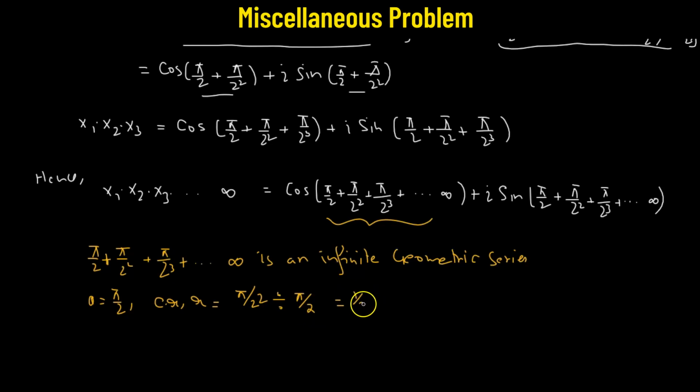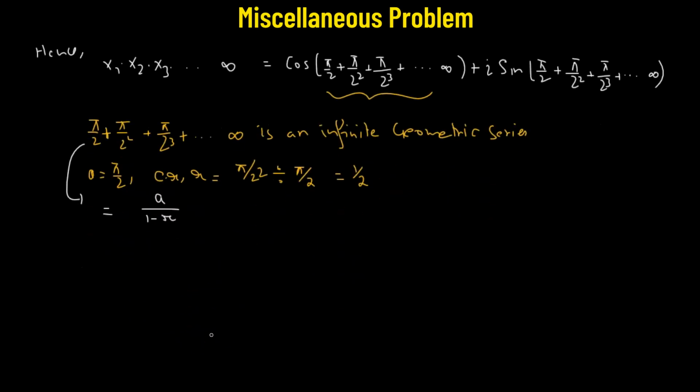So this is going to give us the value half, meaning that this particular sum will be equal to A divided by 1 minus R, where R is the common ratio. So this is the sum of an infinite geometric series, which will be equal to the value pi over 2 divided by 1 minus the common ratio half.